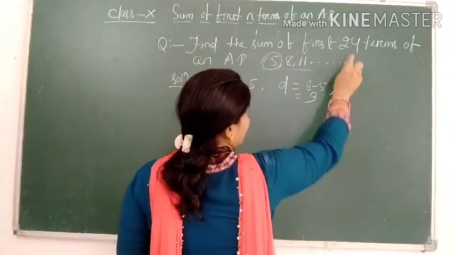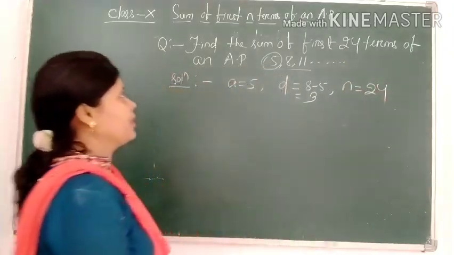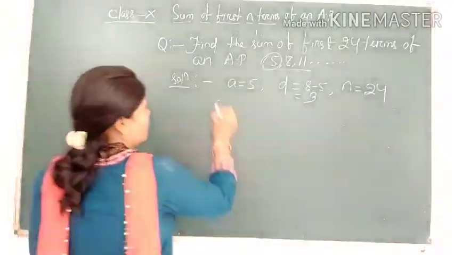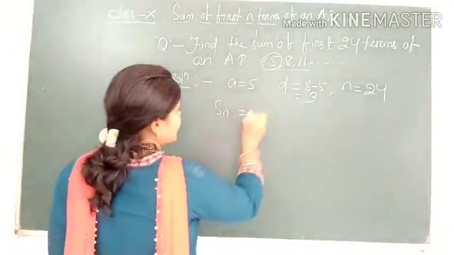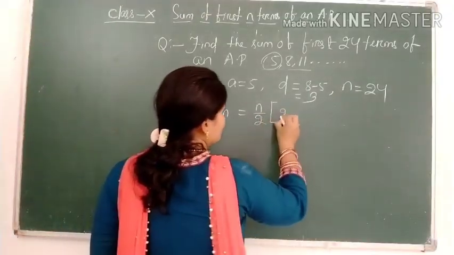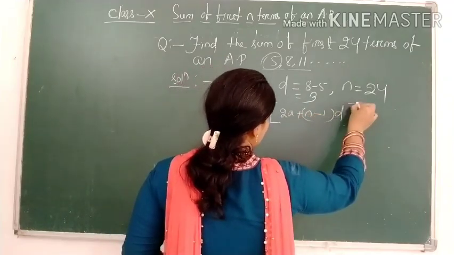Then the number of terms, n, is equal to 24. Then you have to find the sum. Then your formula is Sn is equal to, first write the formula, n by 2 into 2a plus n minus 1 into d.